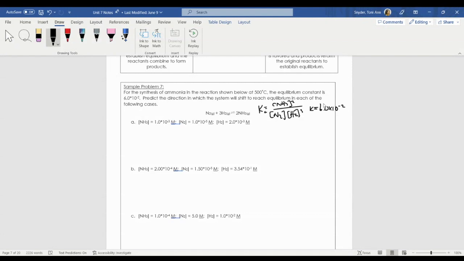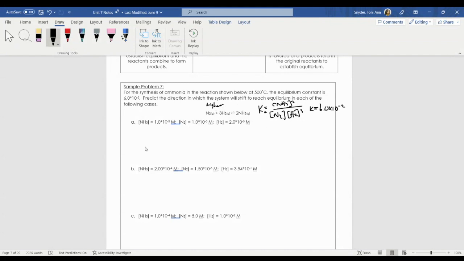If I consider that just right off the bat, which side of this reaction is favored based on that value of K? Because this value is so small, that must mean that I have to favor this side of the reaction. My concentration of my reactants is going to be very high, which then lowers the concentration of products, which then lowers the equilibrium constant. So right off the bat, at equilibrium, I have a higher concentration of reactants.